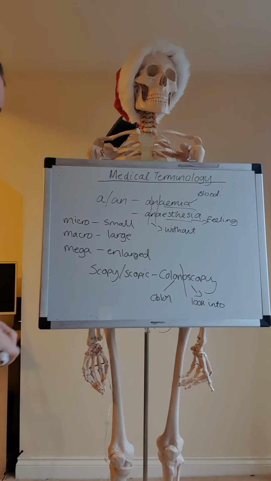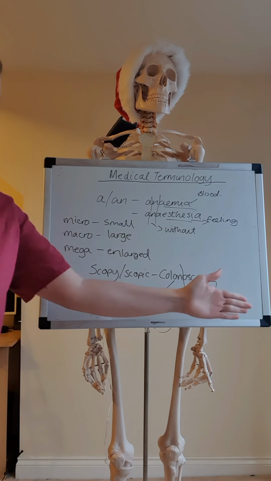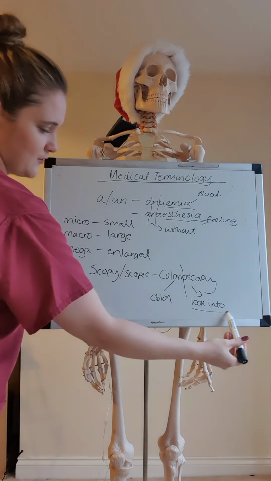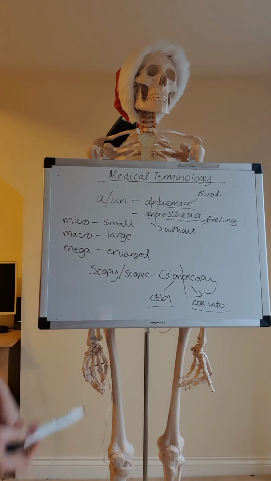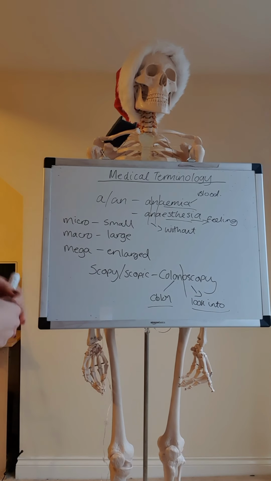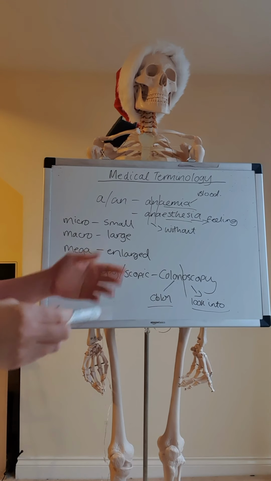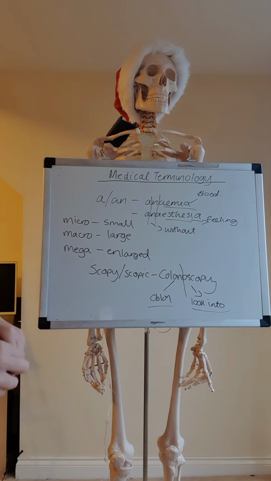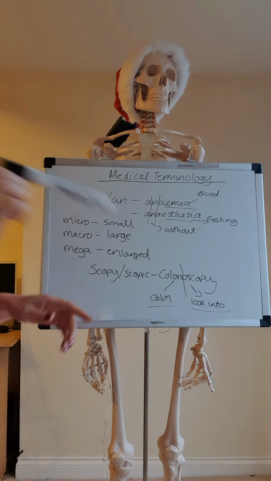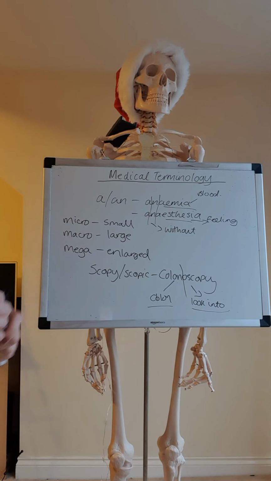They're kind of written backwards, so it's what's happening to what part of your body. What's the procedure to what part of the body? It's almost like you read it backwards. But once you start to understand what these terms mean, you can look at these big scary words and go, so that's what that means. Even if you take one of the longest medical terminology words, you can identify the different parts in between and go, okay, so that means that, so this is this. It makes things much easier to break it down like this.